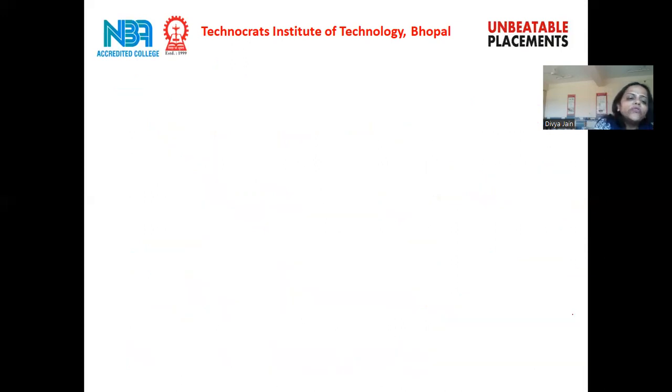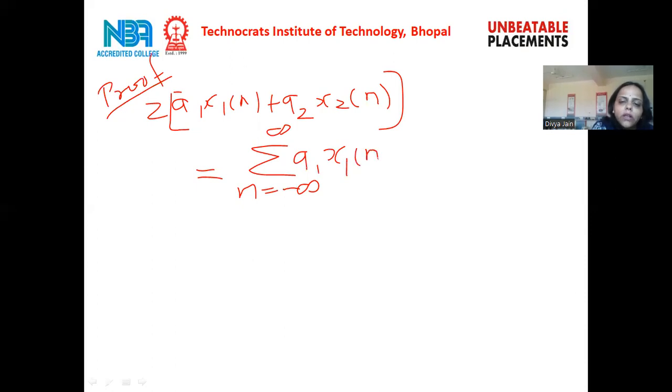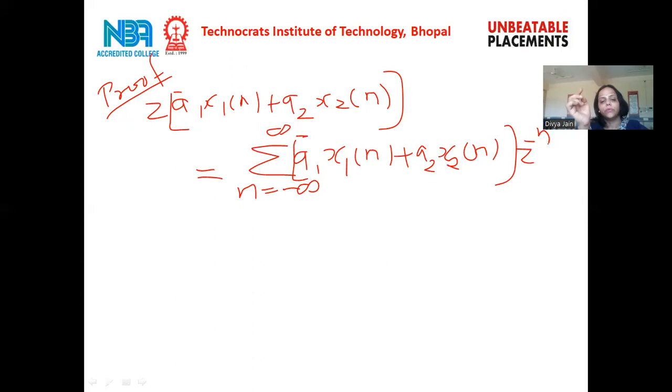So the proof of this property is what? Z transform of A1 x1[n] plus A2 x2[n] means summation n equals minus infinity to infinity (A1 x1[n] plus A2 x2[n]) z to the power minus n.